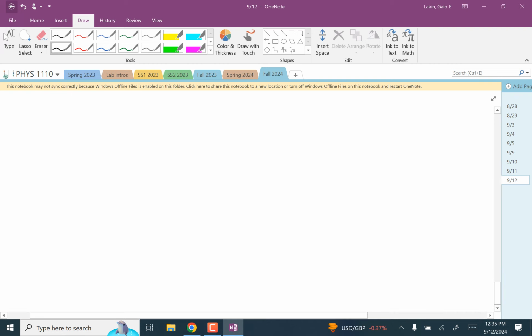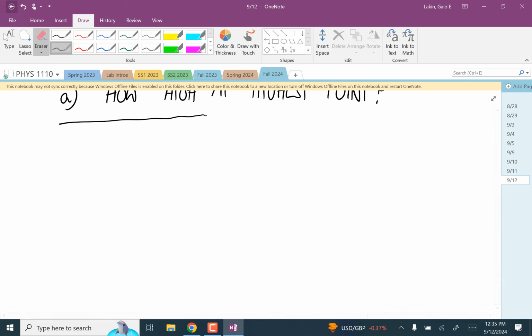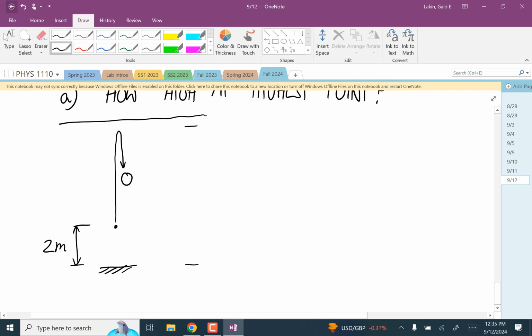If I draw a picture of this, it looks sort of like this: the object is launched from a height of 2 meters, and it goes straight up in the air, reaches the highest point, and then comes straight back down the way it came. And we're trying to figure out this height.